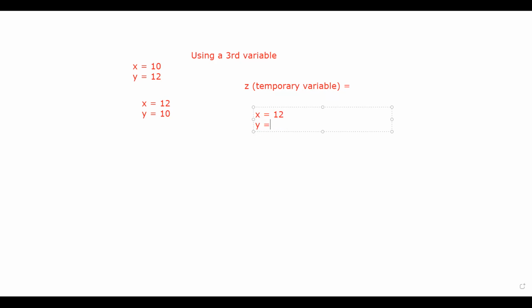So what I'm going to do is give z the value of x, which means now the value of z is 10, and y is now empty, right? So now I'll give y the value of z, and it will turn out to be y equal to 10, which is the original value of x. So let's get started and see how it works.